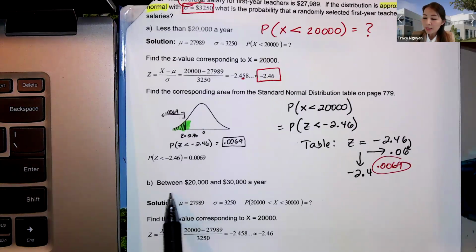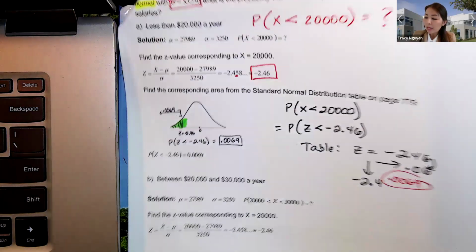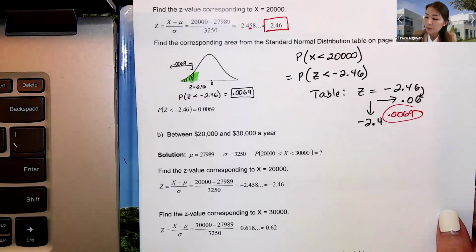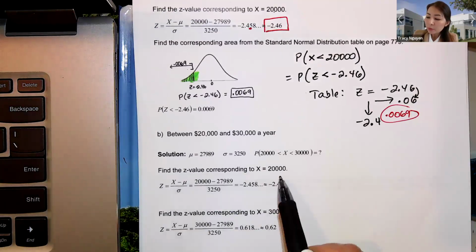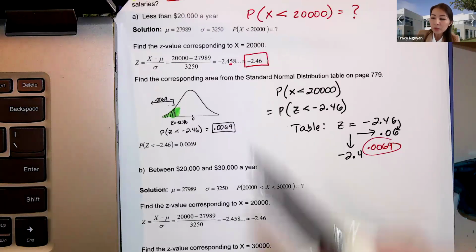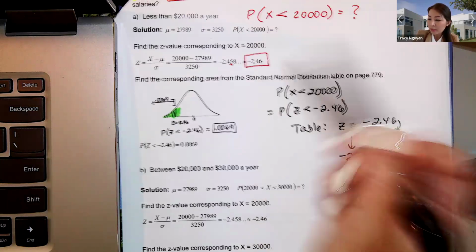So for part B, it's between $20,000 and $30,000 a year. So meaning what we have here, we have two X values. We have X equal to 20,000 and X equal to 30,000. I chose 20,000 to 30,000 because we did our computation for 20,000 here already.